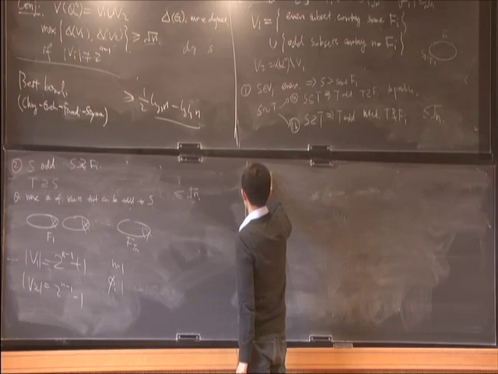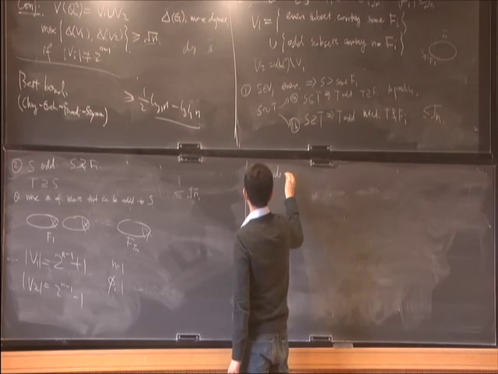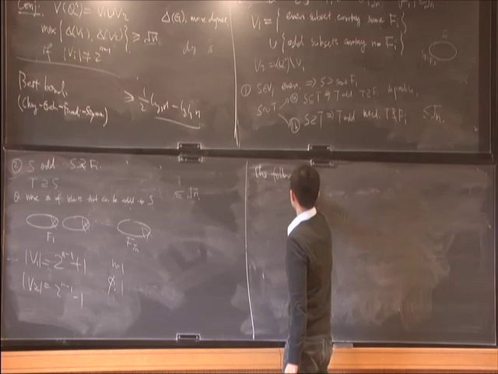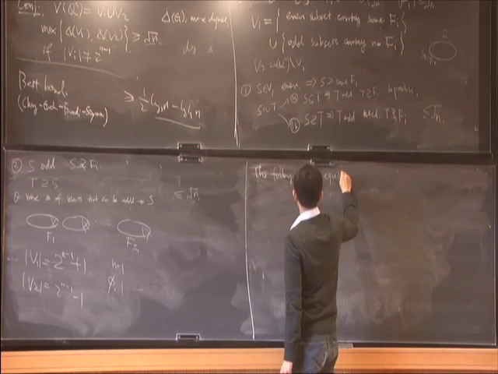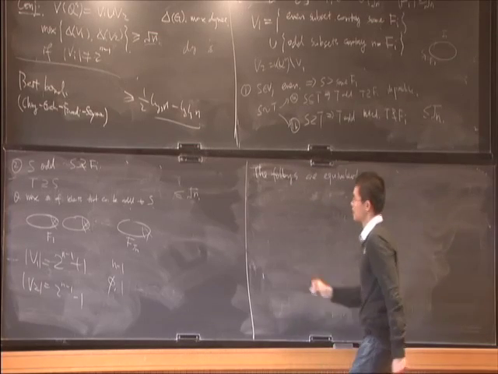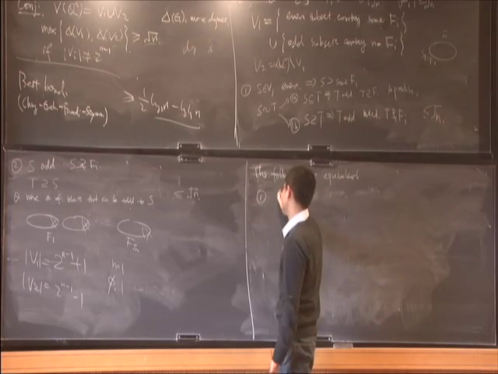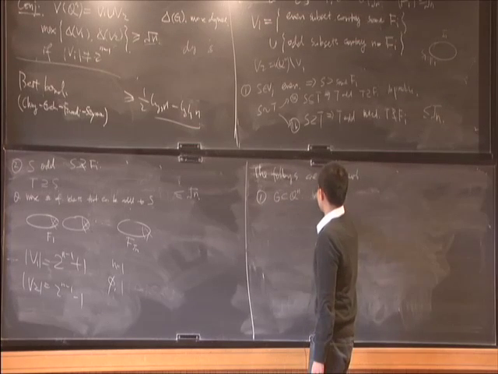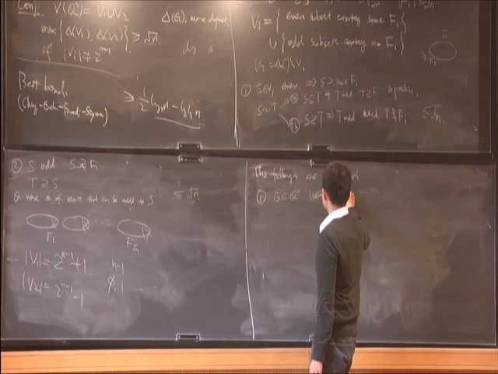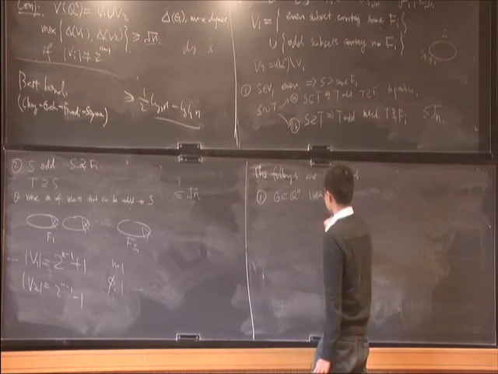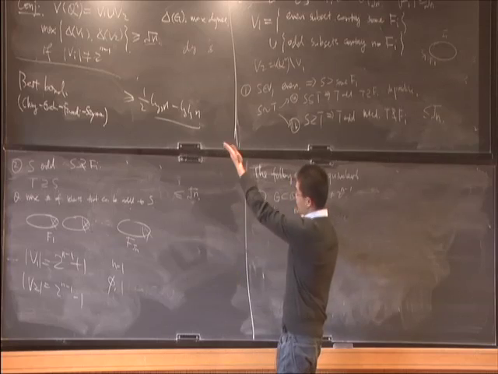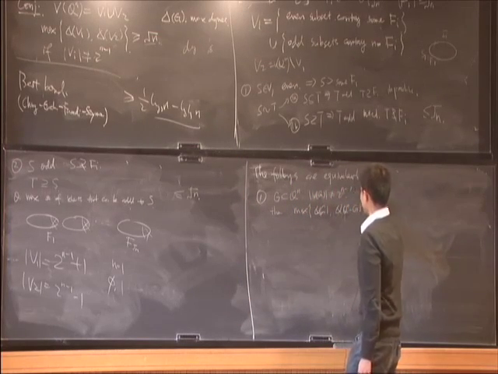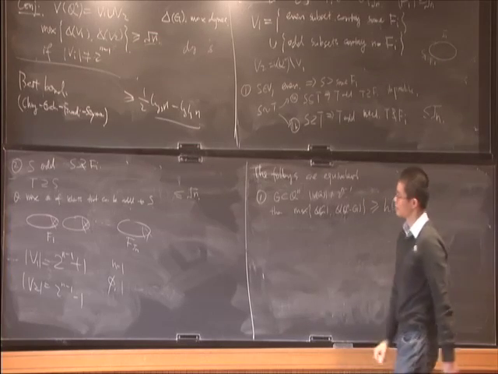So, equivalence. I want to show that the following are equivalent. The first one is whenever you take a subgraph of Qn whose number of vertices is not equal to 2^(n-1), the maximum degree is greater than or equal to some function of n.